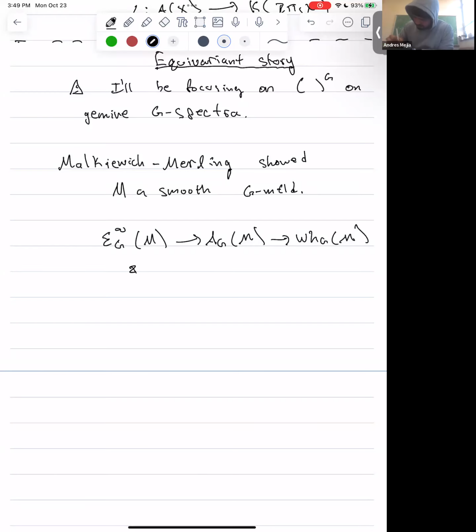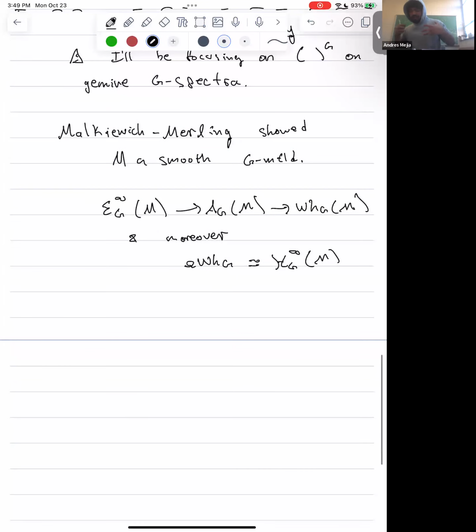And moreover, this spectrum, when you loop it once, is the stable G H cobordism space. So this story that worked non-equivariantly ports over completely.